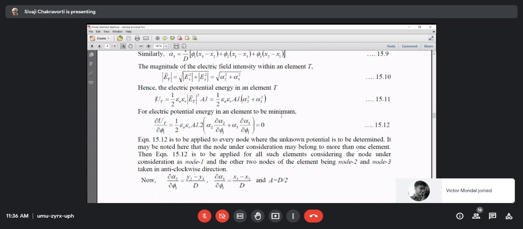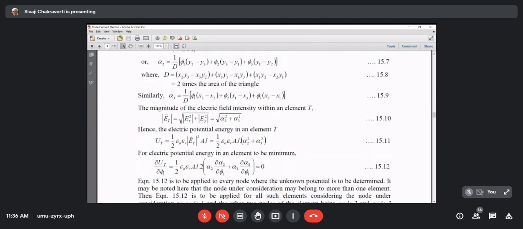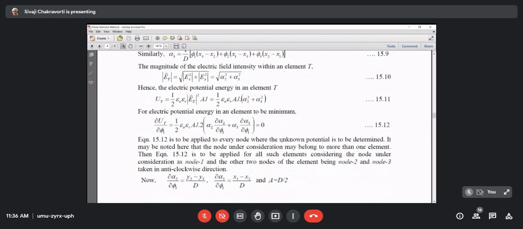Then you can see that when we take the derivative, this volume does not have any relationship with phi 1, but alpha 2 and alpha 3, you can see in 15.7 and 15.9, have a term involving phi 1.